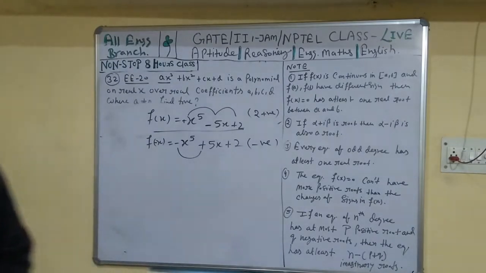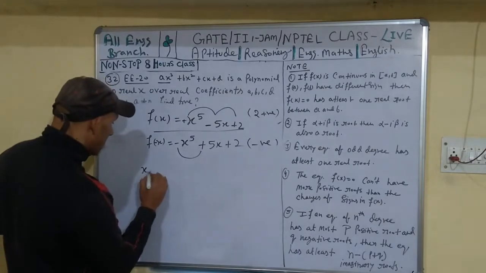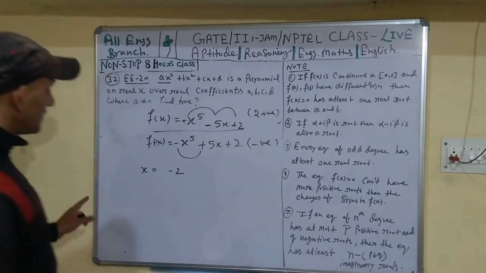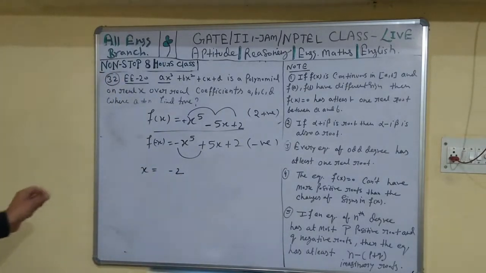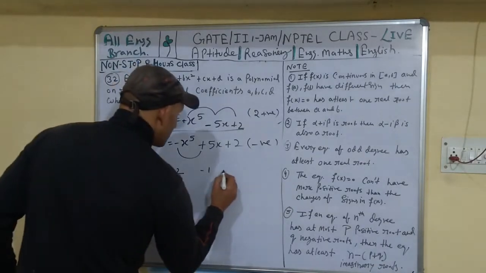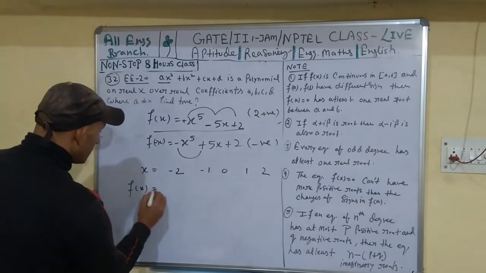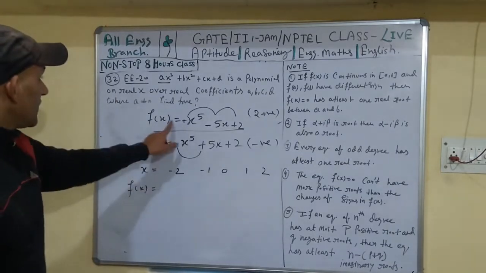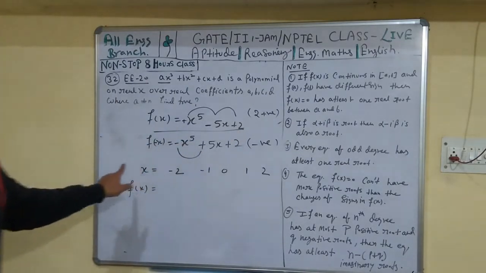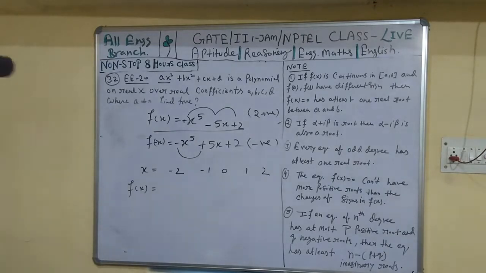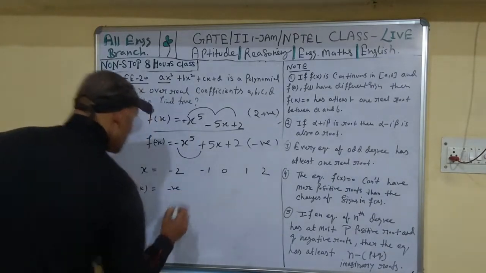So how to find them? Now put x equal to minus 2, minus 1, 0, 1 and 2. Now you check f of x. If you put minus 2 here, you get negative, as we already solved.